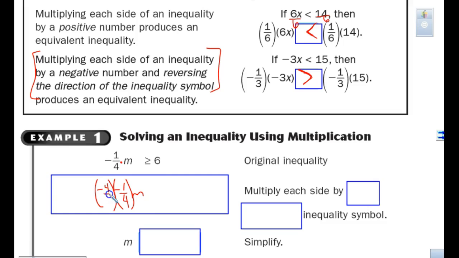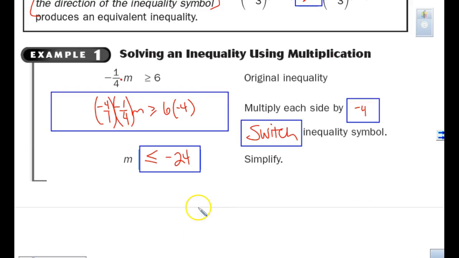Negative 4/1. That means on this side, we're going to keep our inequality at this point, and we're going to put 6 times negative 4. So we multiply both sides by negative 4. We should switch the inequality. Because it was greater or equal, we're now going to make it less or equal. And we get negative 24.